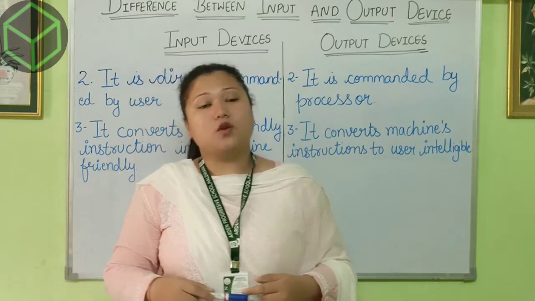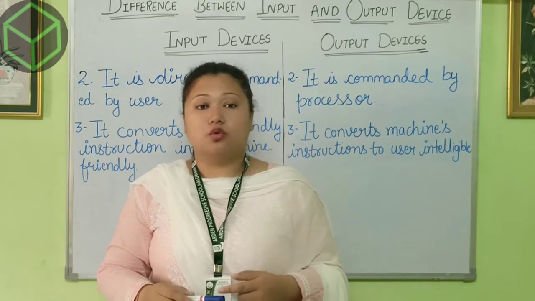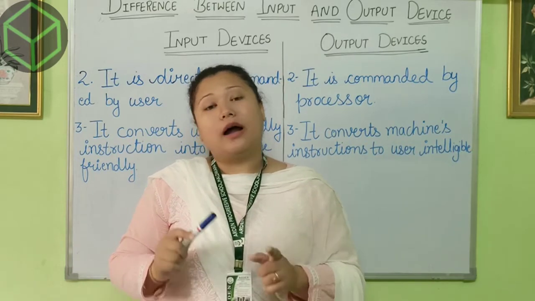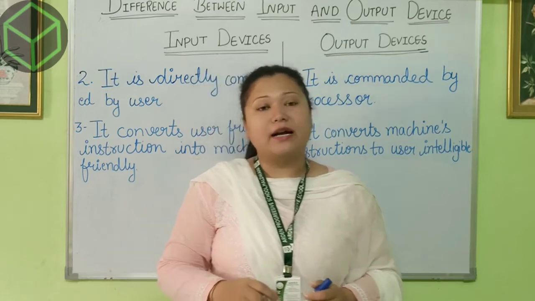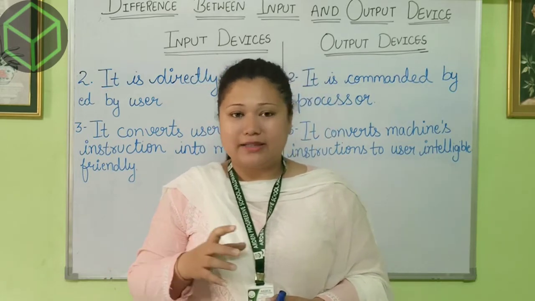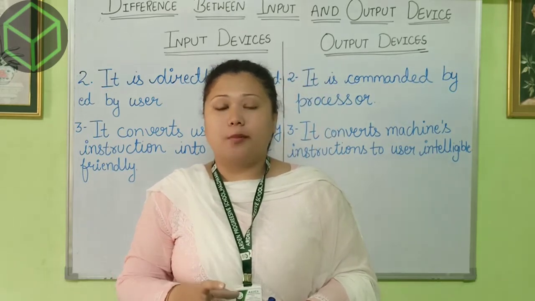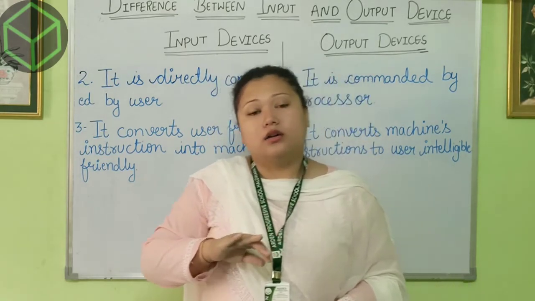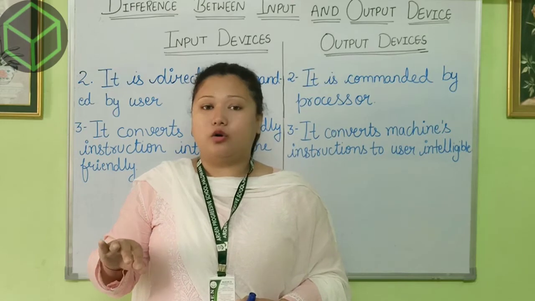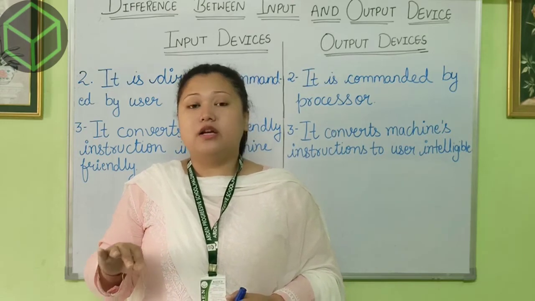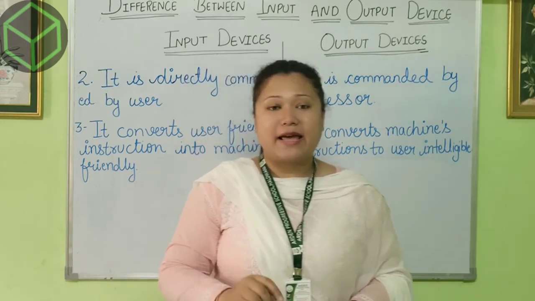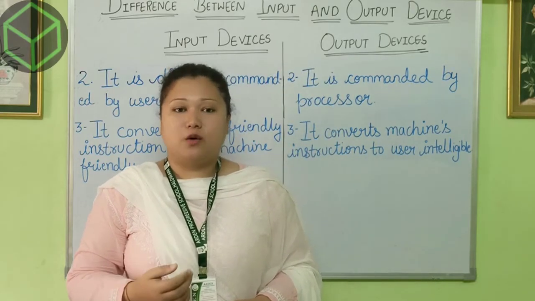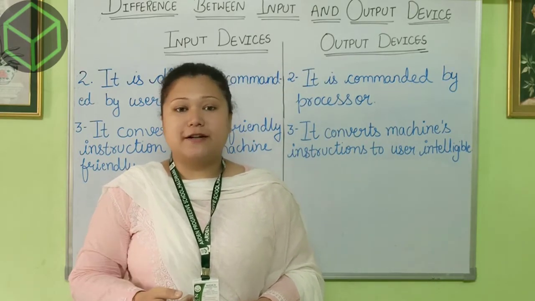Here the CPU is solving 2 plus 2, whatever instruction you have given, to sum 2 and 2. After solving that problem, the processing device will give that answer to the output device. So here the output device helps us get the processed data from the CPU, from the processing device.